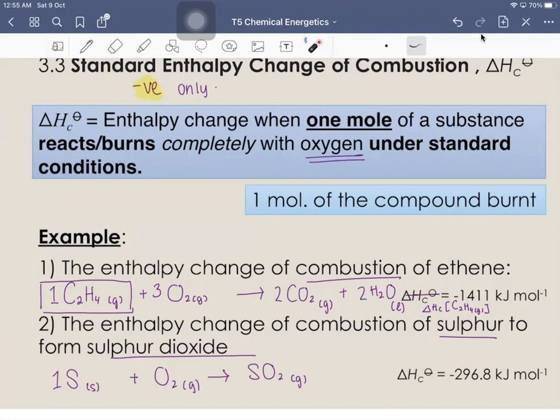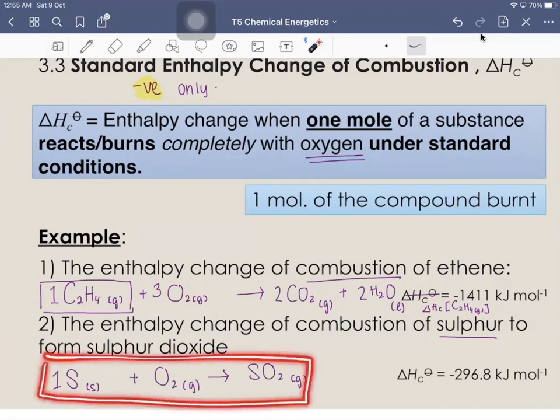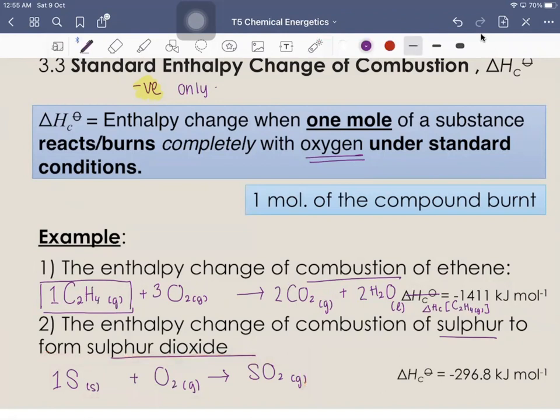Okay, now if you notice what I just wrote for the combustion of sulfur, this also represents another enthalpy change. It also represents enthalpy change of formation of SO2 gas. Let's check.